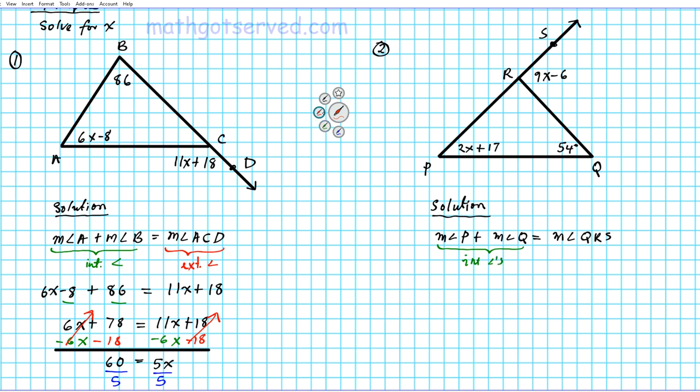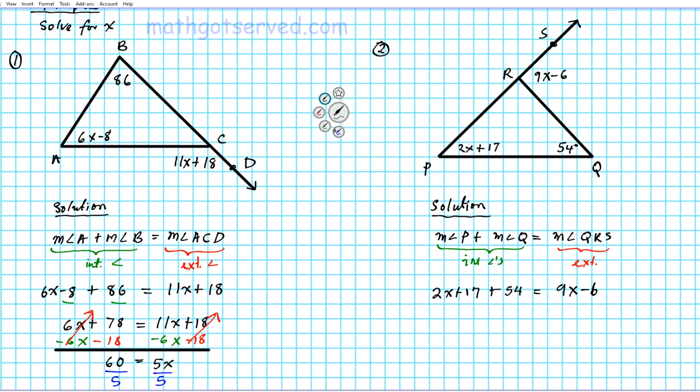And then measure of angle QRS is the exterior angle. Okay, so now let's go ahead and substitute the values of the angles. So measure of angle P is 2x plus 17 plus measure of angle Q is 54. And that is equal to measure of angle QRS, which is 9x minus 6.